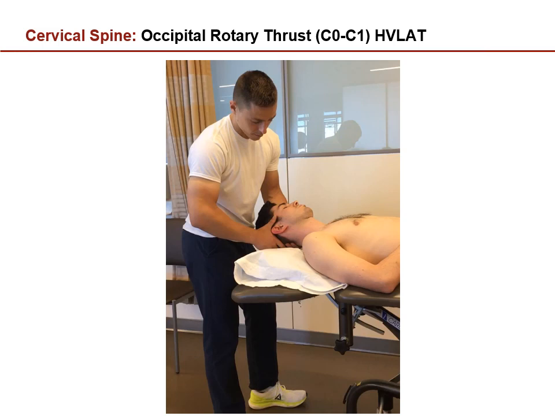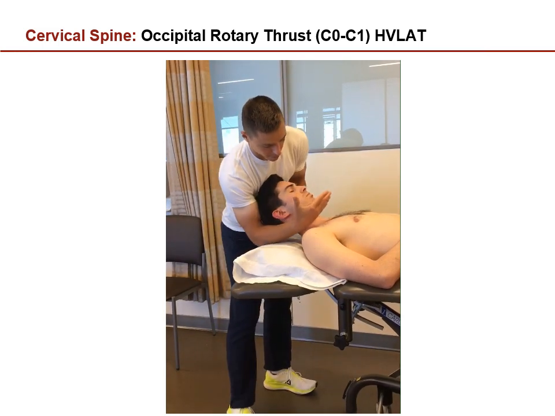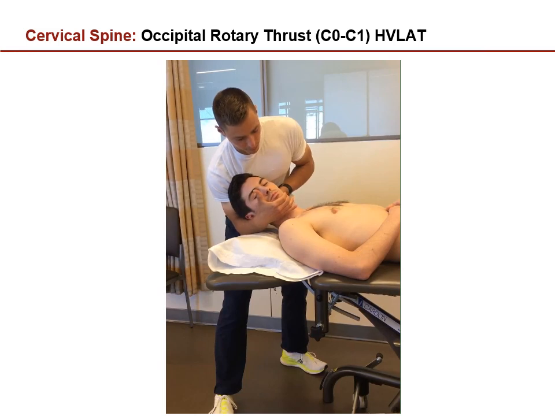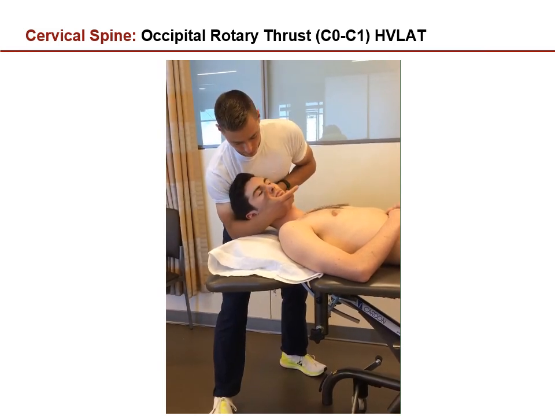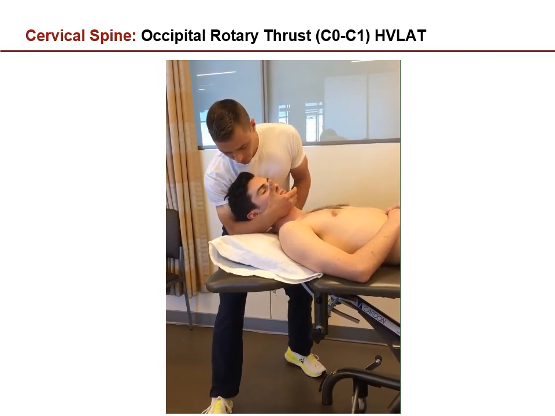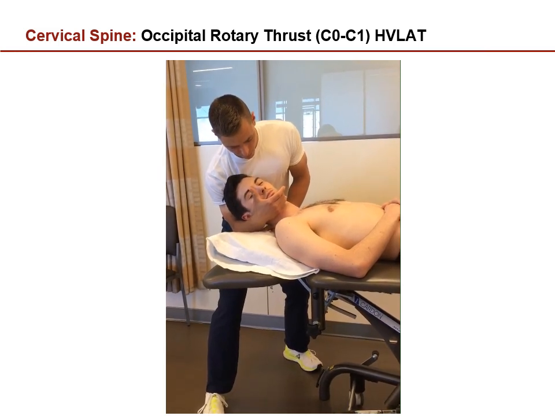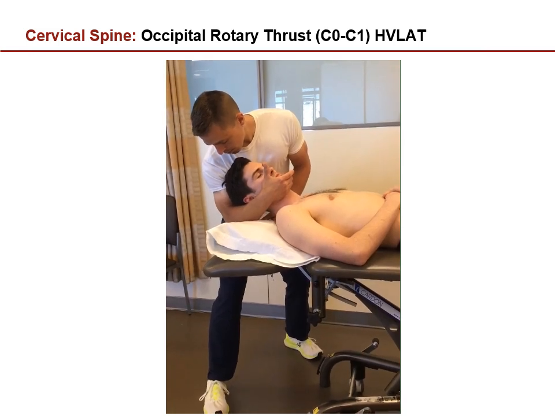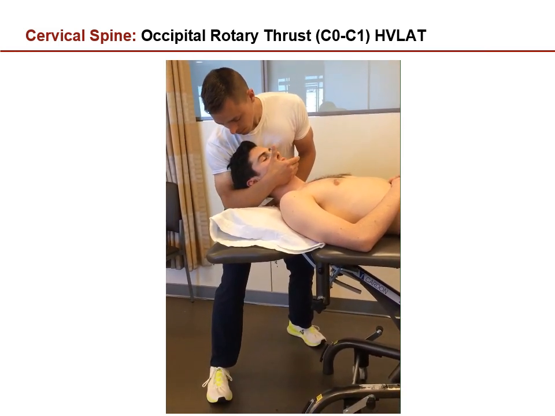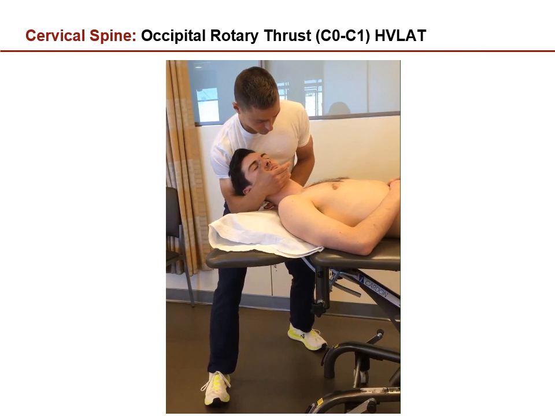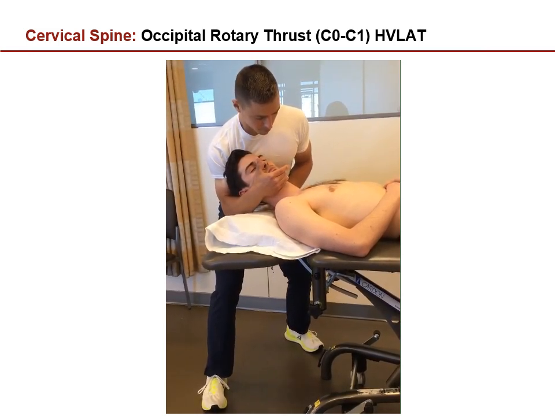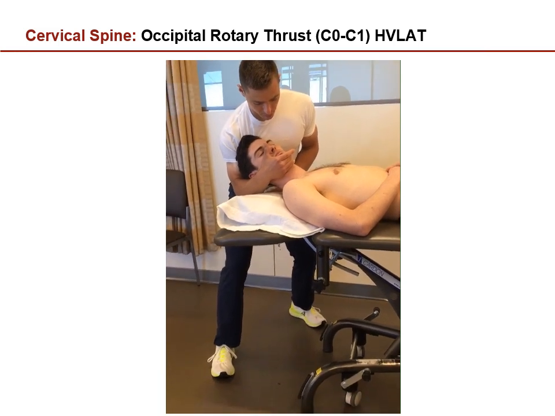The occipital rotary thrust technique. You can note that the chin hold is being used for the C1 or C0, C1. The 5 points of contact are shown there with the fingers, the thenar eminence, the flexors of the forearm, the biceps, and then the chest wall or pec.